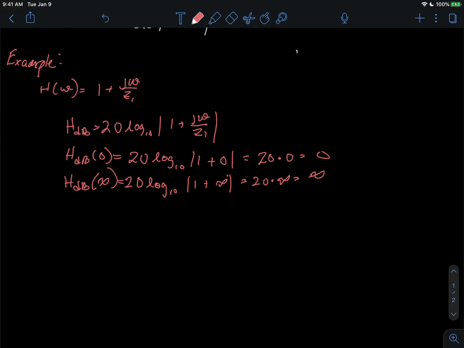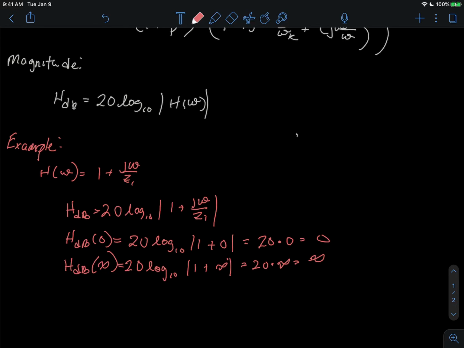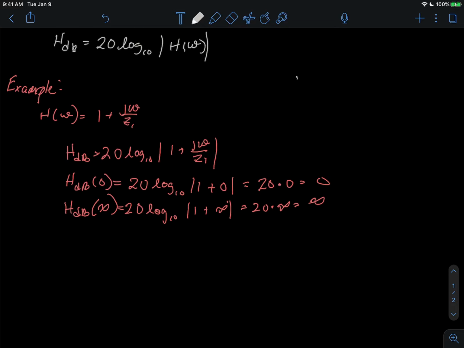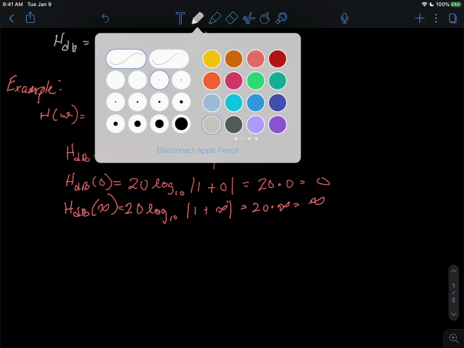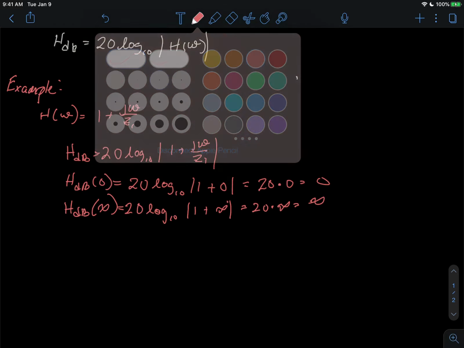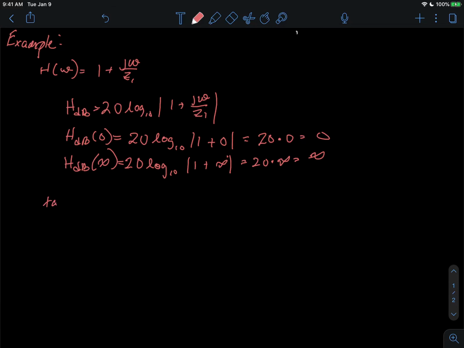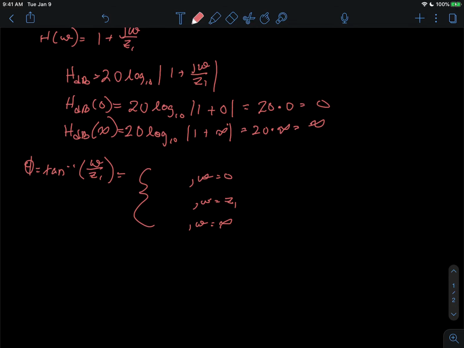To do the phase of this, we would take the inverse tangent of that factor. Let me write this. Phase equals inverse tangent of omega divided by z1. When you think about it, if you look at three cases, when omega equals 0, when omega equals z1, and omega equals infinity: as omega gets closer to 0, you get 0, but as it gets closer to infinity, you get 90.